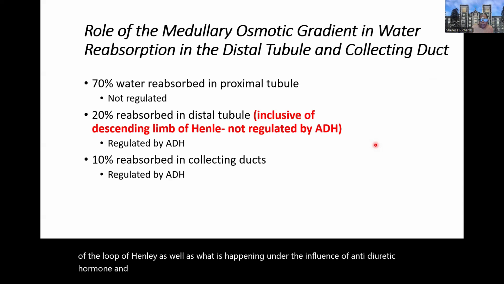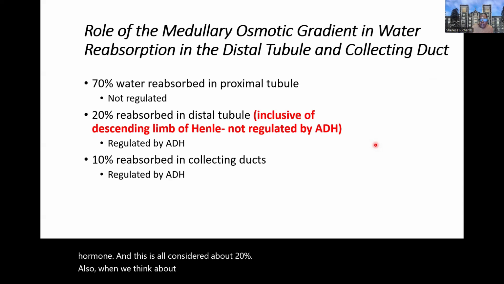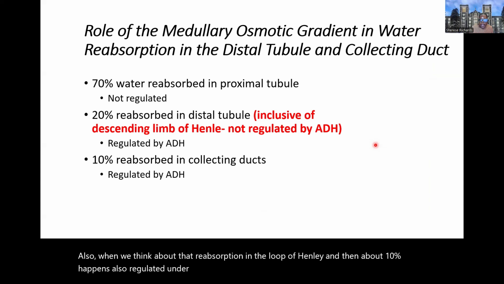And this is all considered about 20% also, when we think about that reabsorption in the loop of Henle. And then about 10% happens also regulated under the influence of ADH as well. This is later in the tubule along the collecting duct.